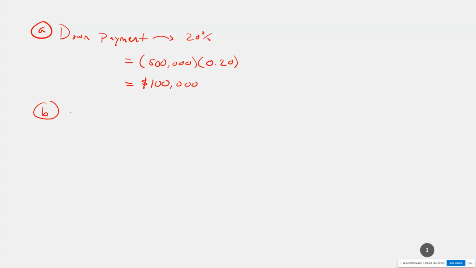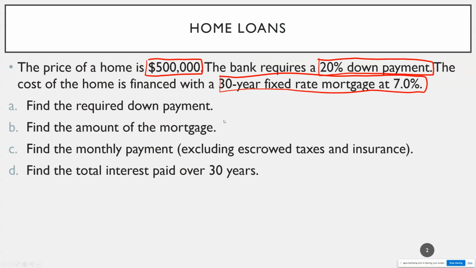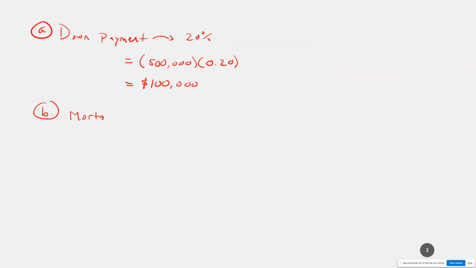Next, how much is the mortgage amount? This mortgage amount is how much we're borrowing from the bank. Well, the house costs $500,000, but we're putting $100,000 down immediately.